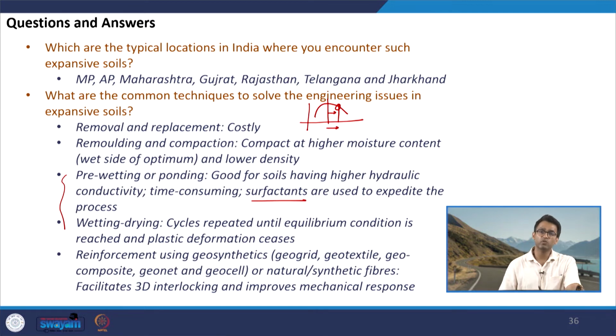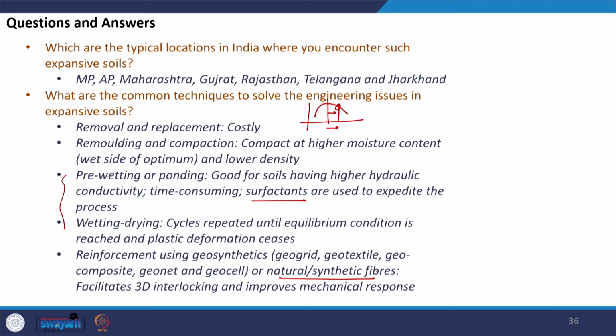Under geosynthetics, we have various products that are available. For example, we have geogrids, geotextiles, geocomposites, geocells, and geonets. And these geosynthetic materials help to reinforce the soil, they help to increase the strength within the soil mass.